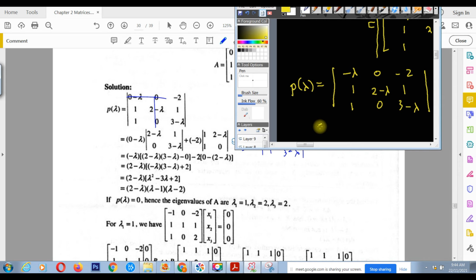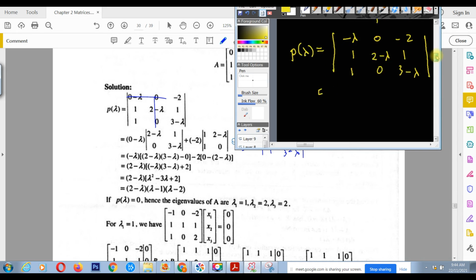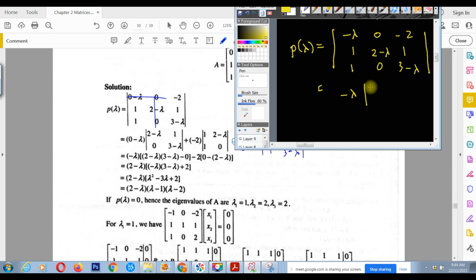Then you get negative lambda times the determinant of 2 minus lambda, 1, 0, 3 minus lambda.